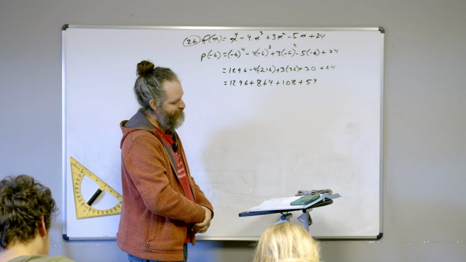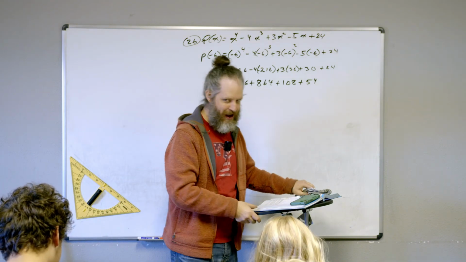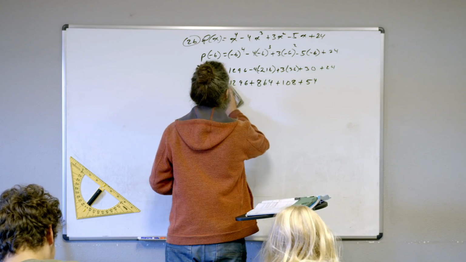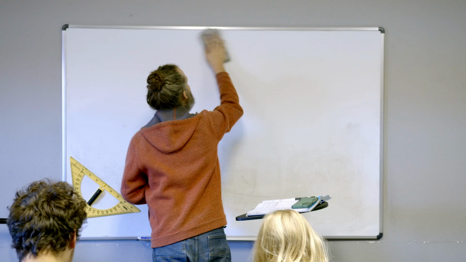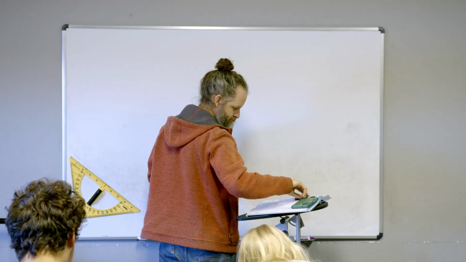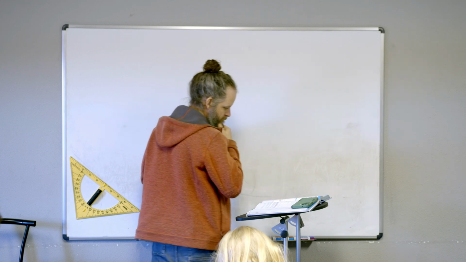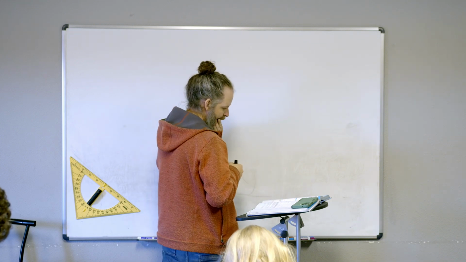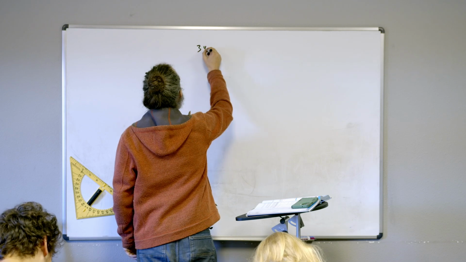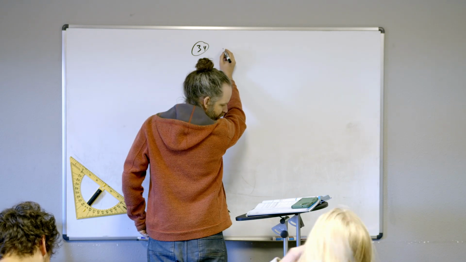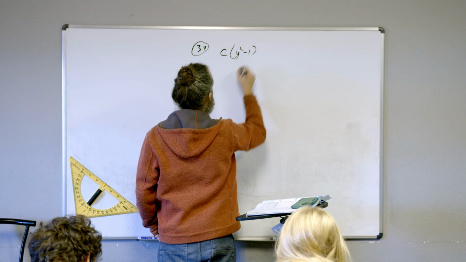What other questions do we have? 34. Brittany's been asking about this for an hour and a half. I got one thing wrong and I want to know how. I didn't understand, you put a negative in there. Okay, so for 34, we're supposed to find c of y squared minus 1.